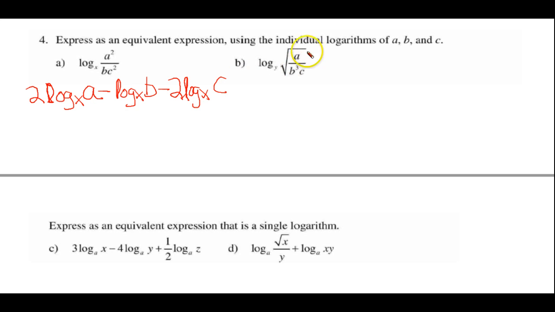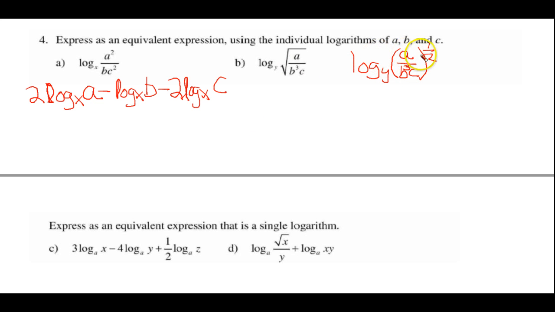All right, now we want to deal with this radical. The first thing we have to do is convert it from radical notation, that looks like base y, to, put in parentheses here, this is to the 1/2 power, and it's a over b to the 3rd c.